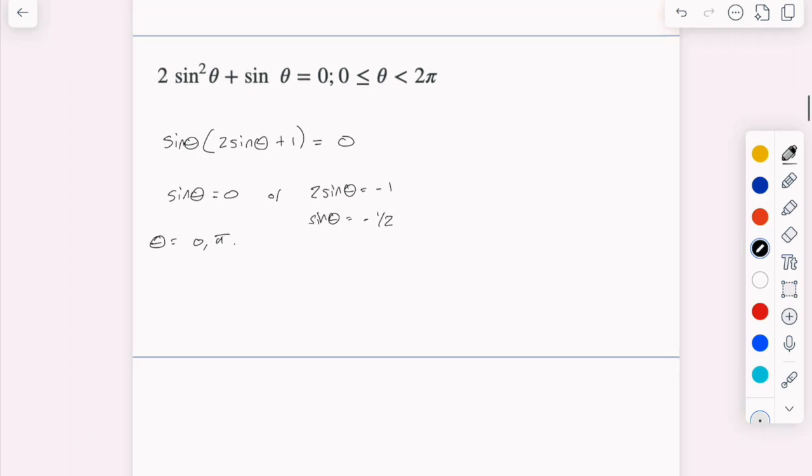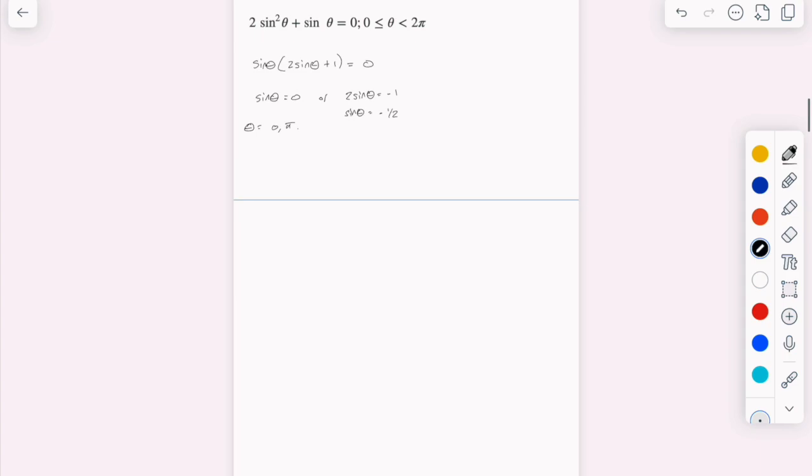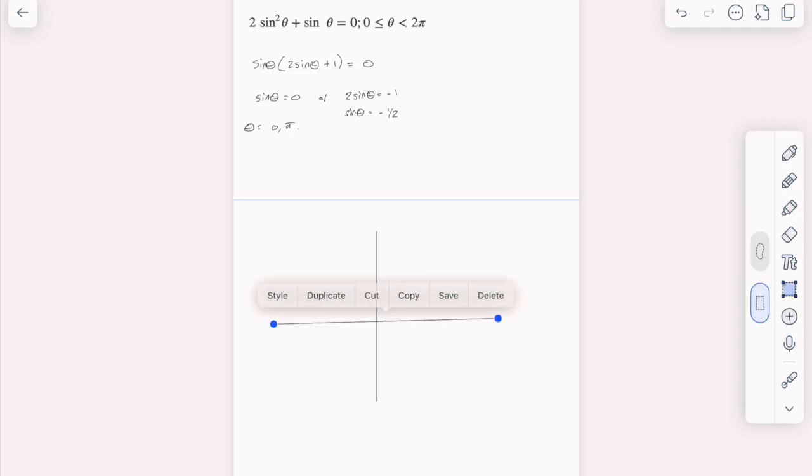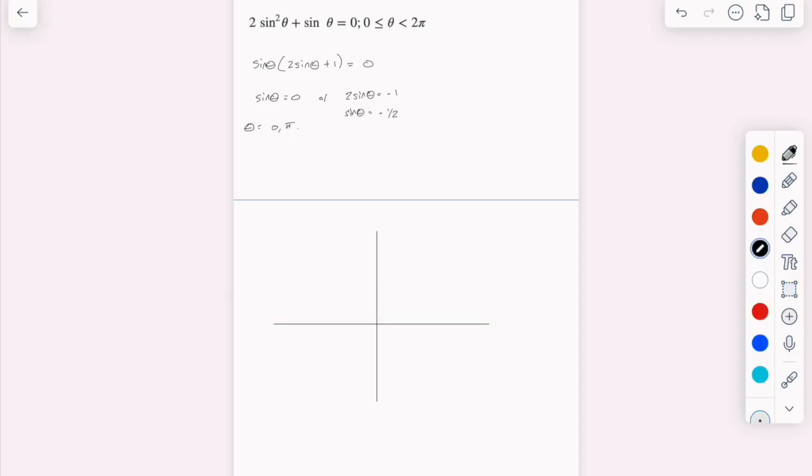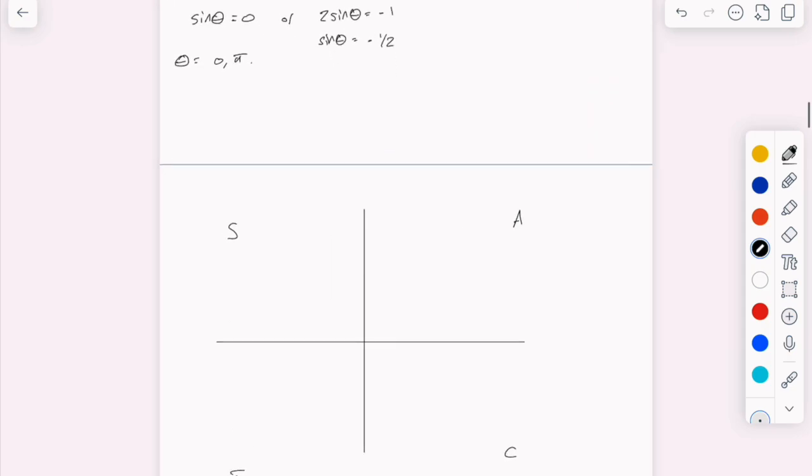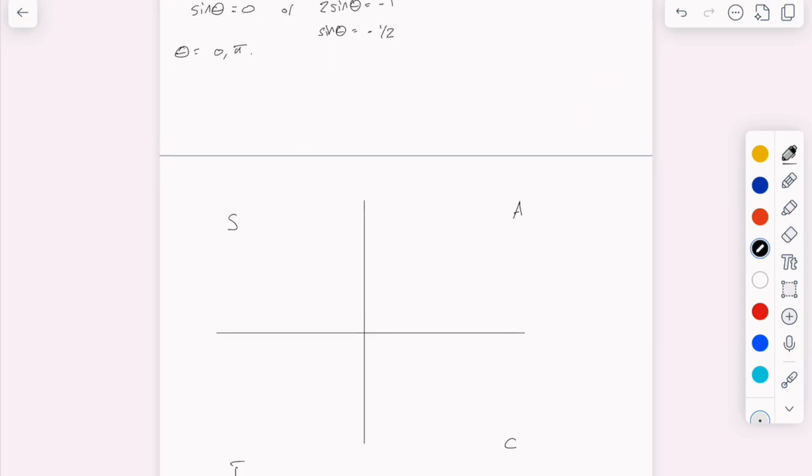If we draw our CAST diagram, this is our starting point, but we know that sine theta is positive in these quadrants, and we know it's negative in these quadrants.